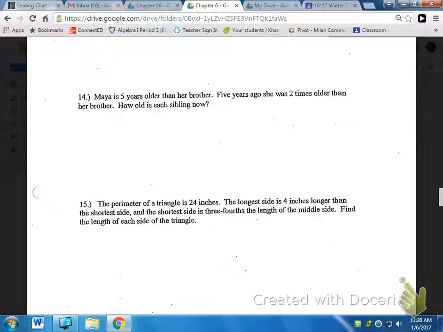Question? No. Okay. So first of all, I'm going to define my variables. M stands for Maya's age, and B stands for her brother's age.